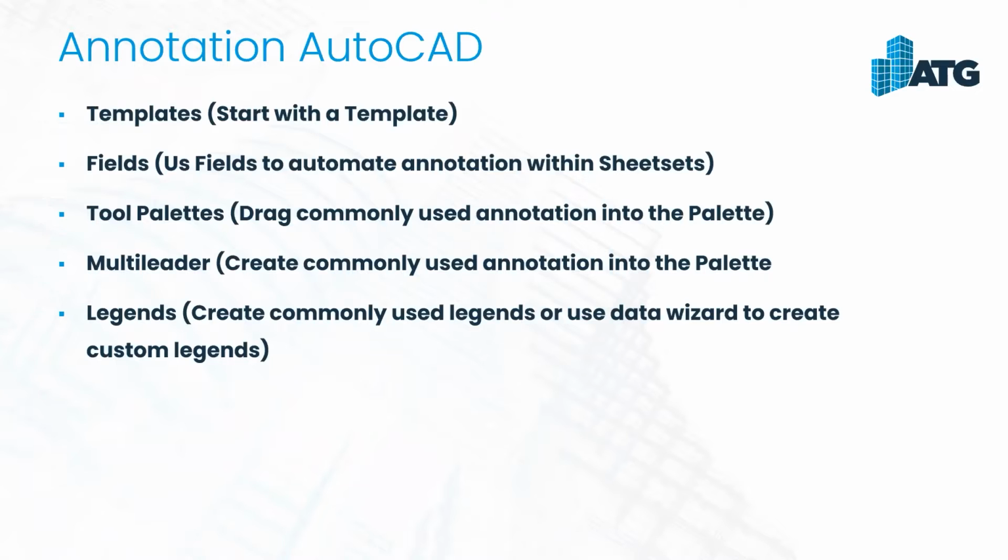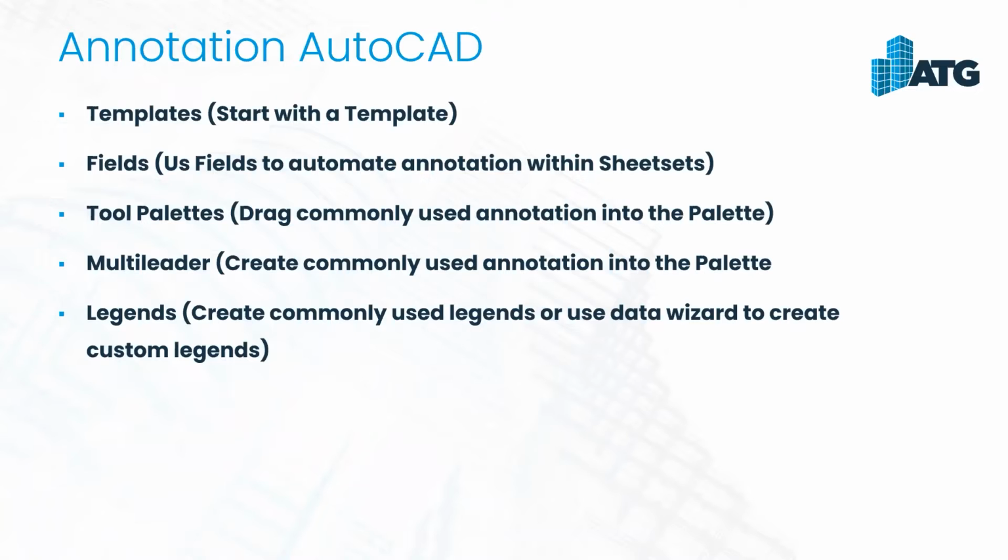We can automate fields within the title blocks and such. So once we start a project and they're linked to the sheet set, all that data is automated through the sheets and the sheet sets. So we can go through there and make changes, and we don't have to chase our tail chasing that data and updating every sheet number, things of that nature. So we can push annotation through our sheet sets.